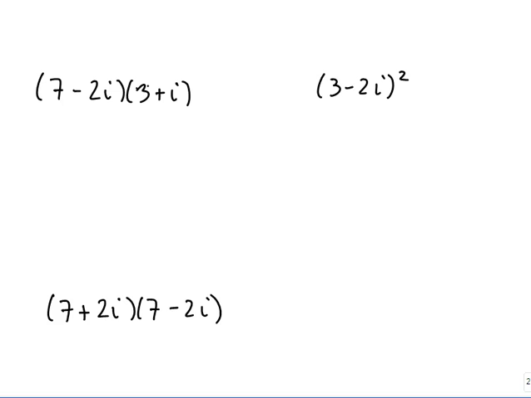In the next example, we have two complex numbers that we want to multiply together, so we're just going to FOIL. We're just going to follow our FOIL process. So first times first would be 7 times 3, and that's 21. Outer times outer would be 7 times i, or positive 7i. Inner times inner is minus 2i times 3, that becomes minus 6i. And last times last is negative 2i times i, which is negative 2i squared.